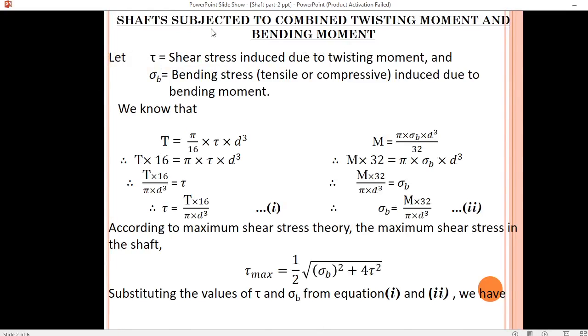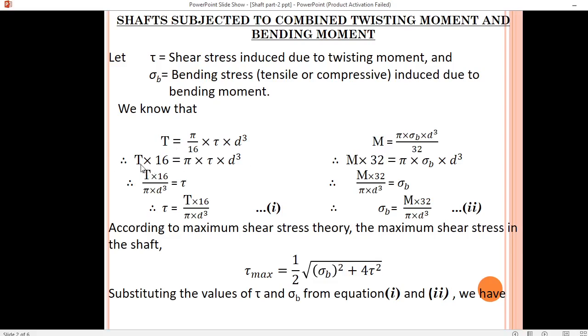Shaft subjected to combined twisting and bending moment. First, tau is the shear stress induced due to twisting and sigma b is the bending stress induced due to bending moment. As we have seen in the previous slide, shaft part 1, T is equal to pi by 16 tau d cube.